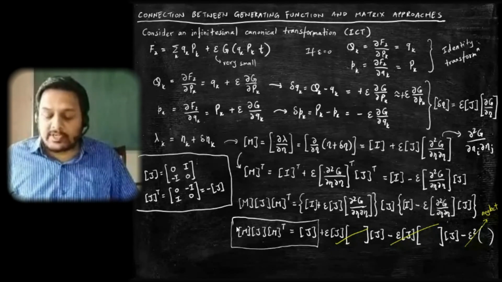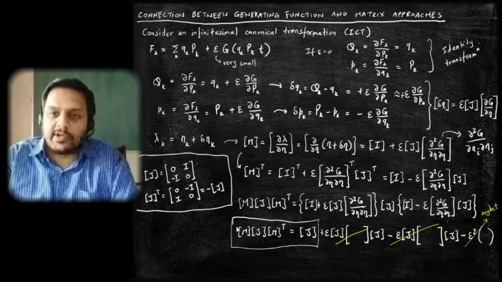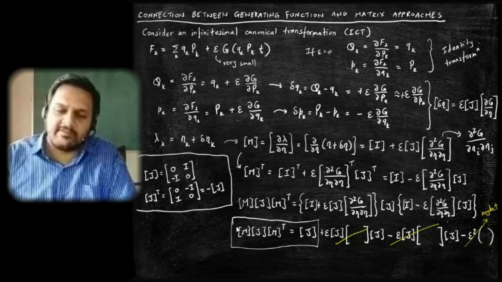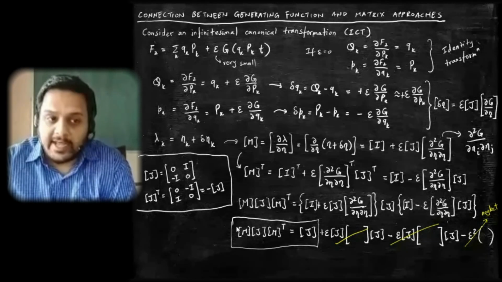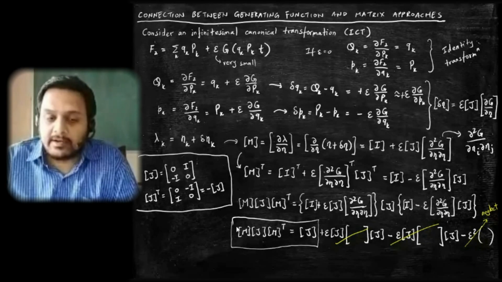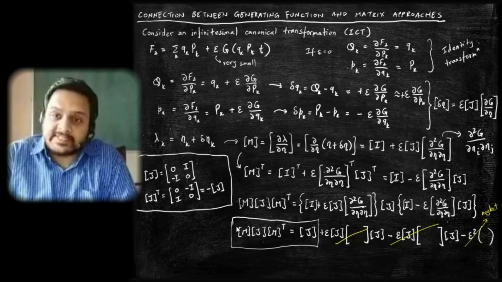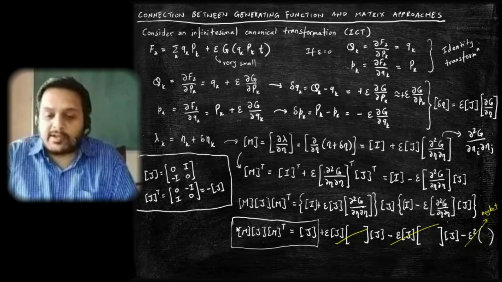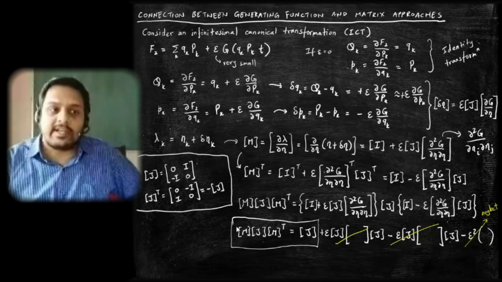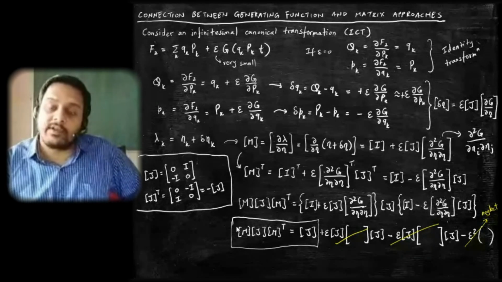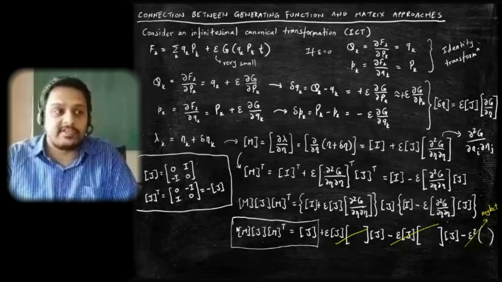And if we don't start with a generating function, if we just want to randomly check some useful type of variable to see whether it will give me a canonical transformation or not, then I can do that as well using either the differential conditions or the matrix condition. We can check if a particular choice of capital Q and capital P gives a canonical transformation or not.